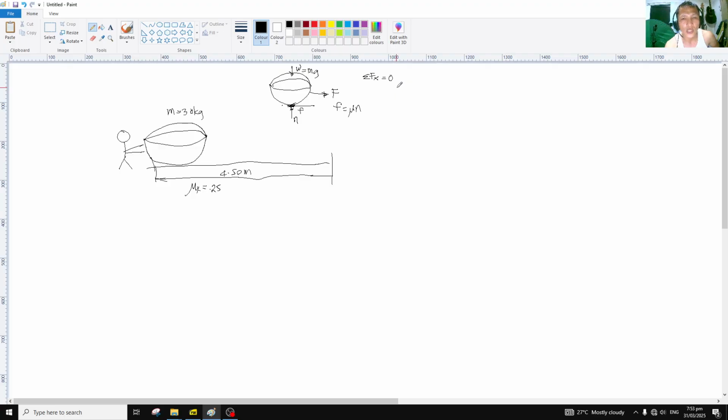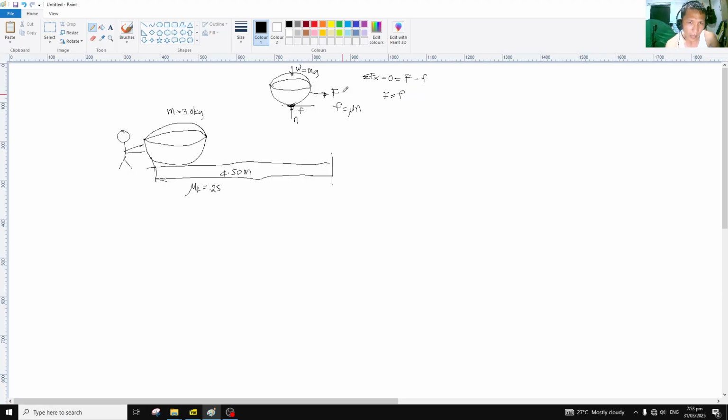Again, that is law of inertia or law of equilibrium. On x, you have a positive F going to the right side, and then you have a negative friction going to the left side. So basically, you have F which is equal to your frictional force.